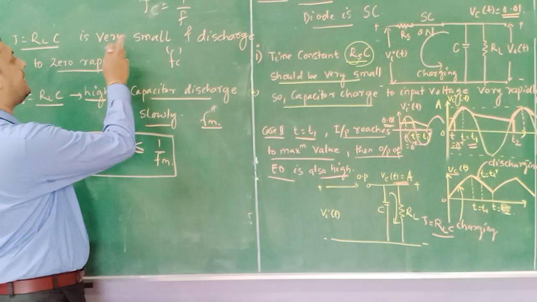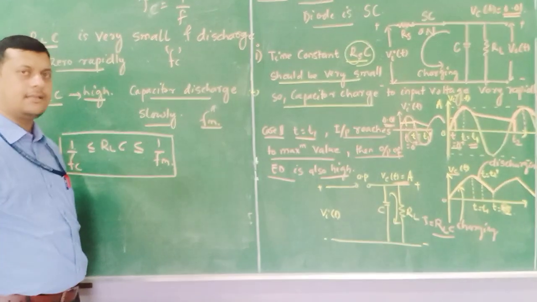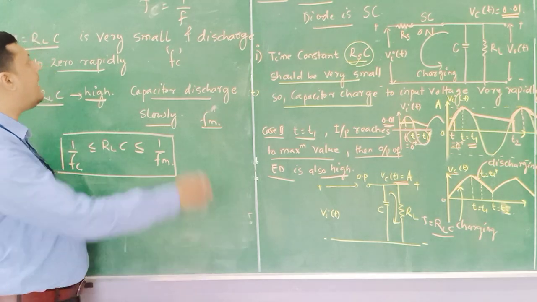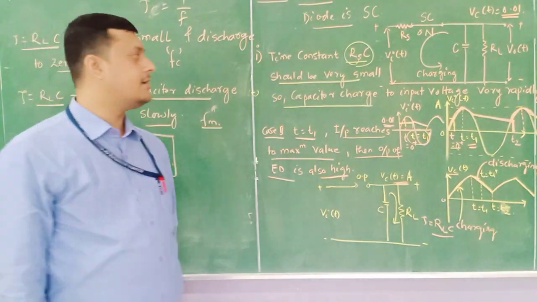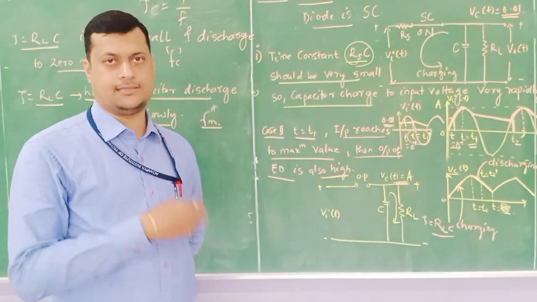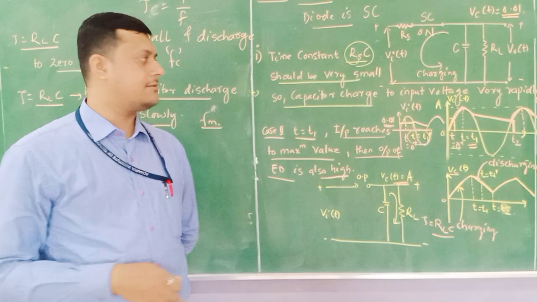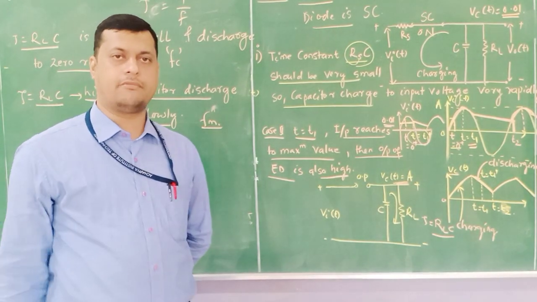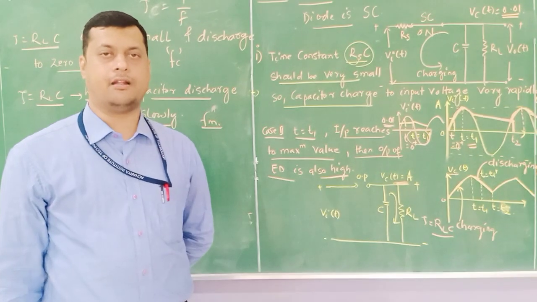Here if it is very small, that means the discharge rate is fast, frequency is high, and it will identify the carrier frequency. Okay, so next class we will discuss all these things in a more explanatory manner, as well as mathematical analysis also we will do. So next class we will continue with respect to this envelope detection.